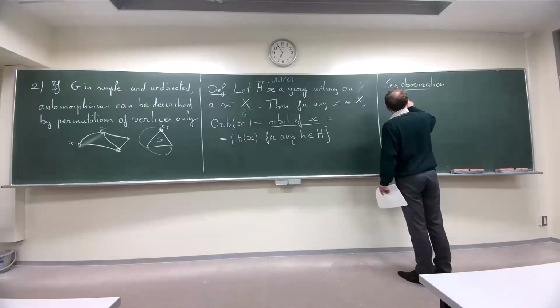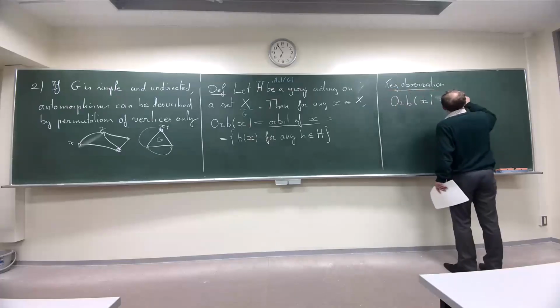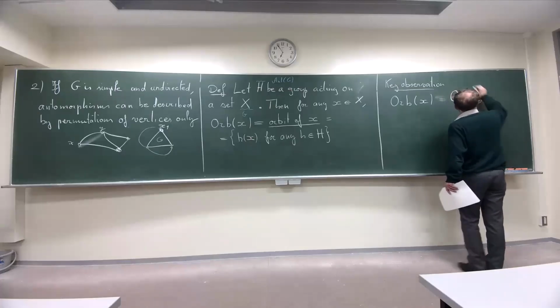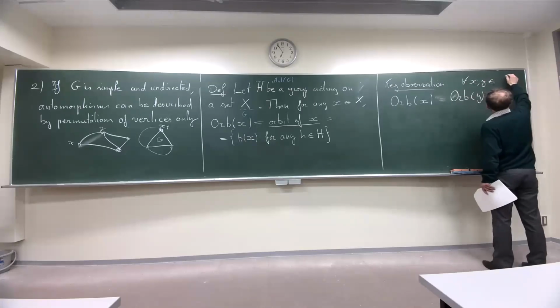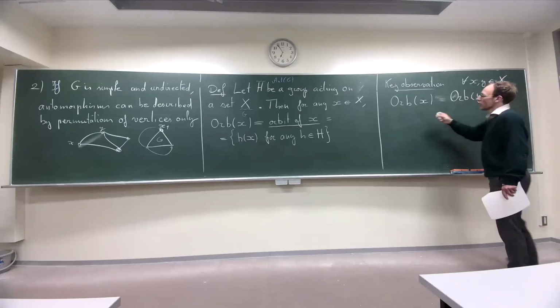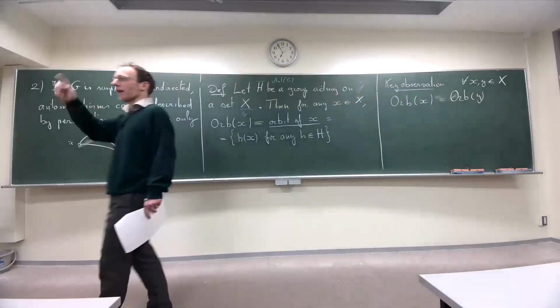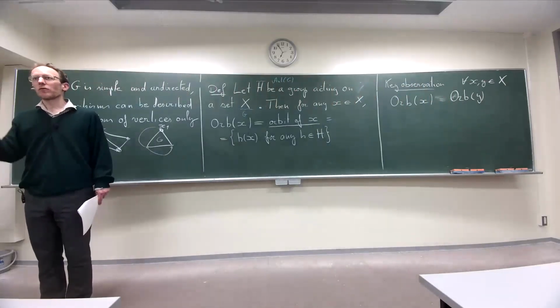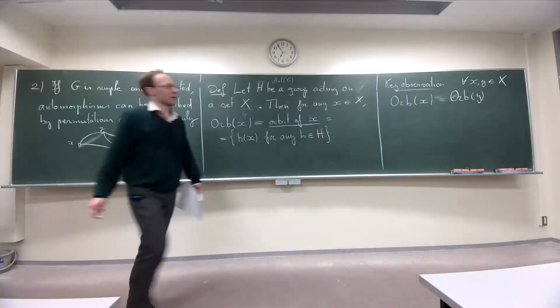But what is the key observation? What can you say about orb of X and orb of Y? Take X or Y belonging to X. Think about it. You look at the image of X by all the elements of the group. So you do the same for Y. You have only two possibilities.